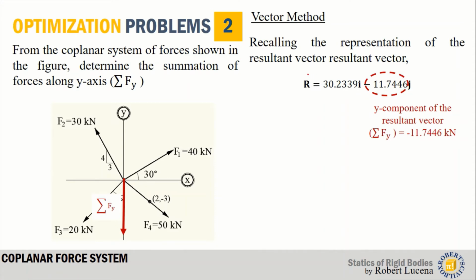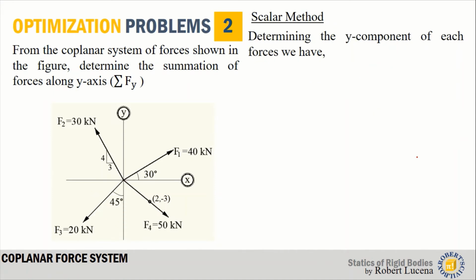If you are writing a force as a vector, it is written by showing its components about the axis relative to their base vectors. So the sigma Fy for this resultant vector is the coefficient of the base vector j, that is negative 11.7446 kilonewton.